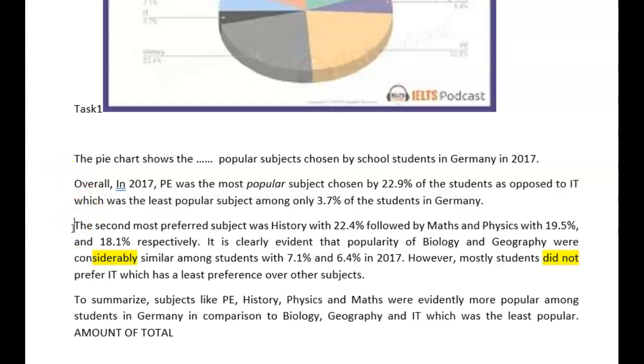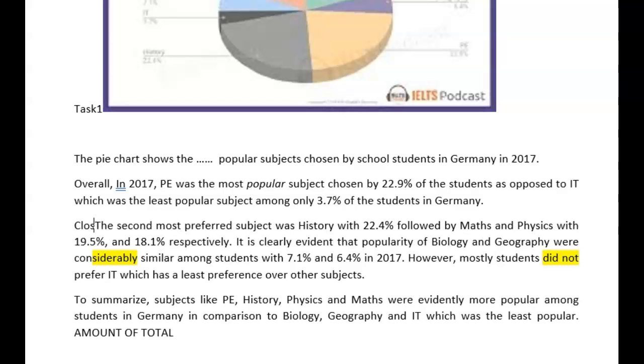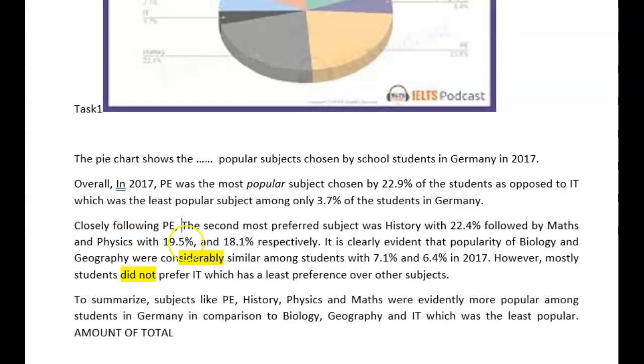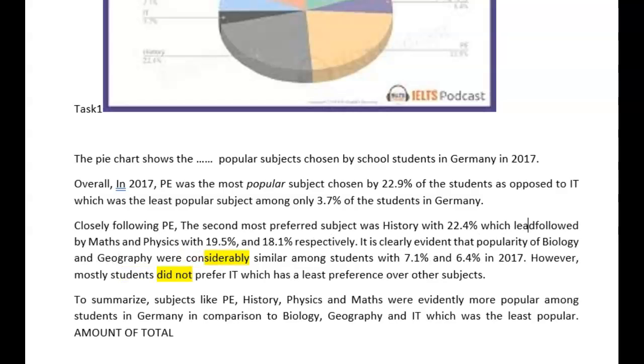Okay. The second most preferred subject was history. So why don't we go closely following PE. Yeah. The second most preferred subject was history with 22.4. Led, because I just put followed in, sorry, which led maths.